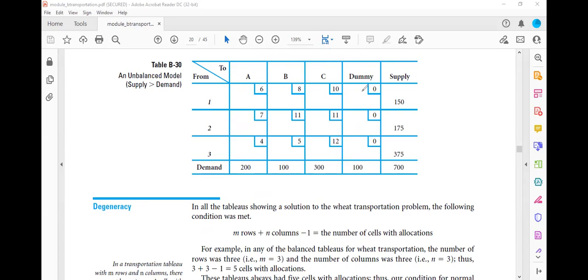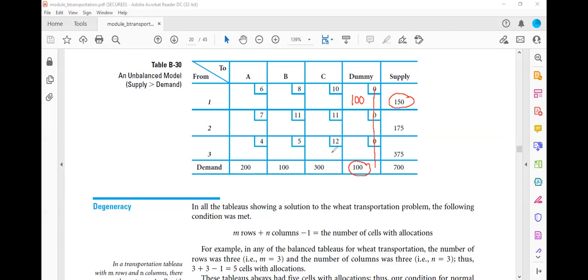So say I put something here in 1D, the 1 dummy. It's a choice between 150 and 100. So I will put 100 here. It's really 100 because that is your choice: the demand of 100 and the supply of 150. Choosing between 100 and 150, you choose the smaller, so 100. So after putting in 100 here, you cancel out the column.